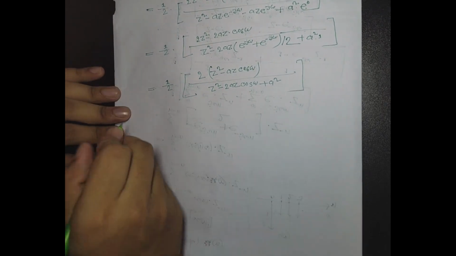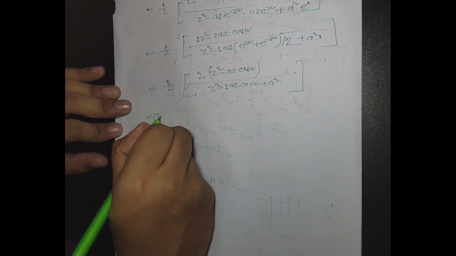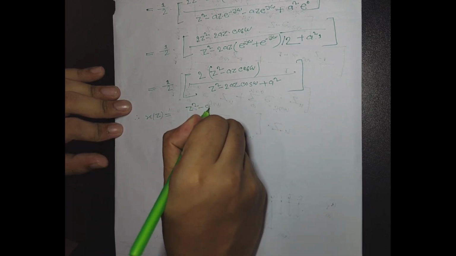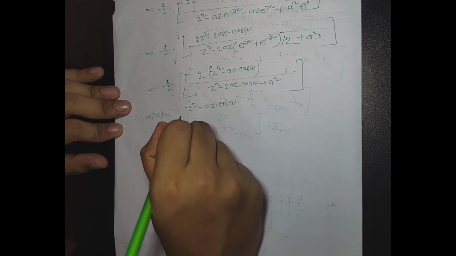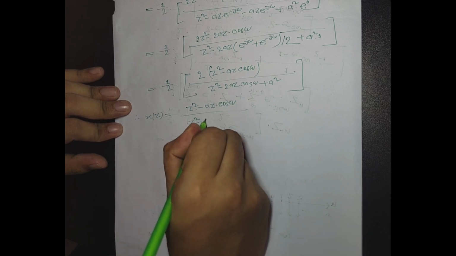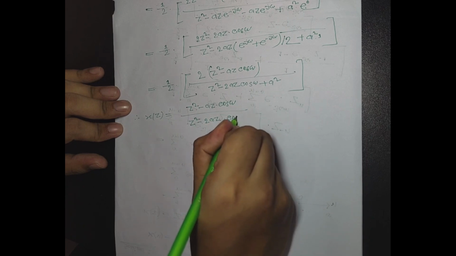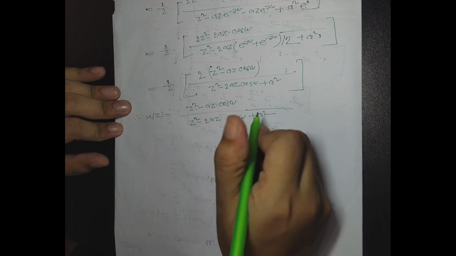And finally we get X(z) equal to z square minus az cos ω divided by z square minus twice az cos ω plus a square.